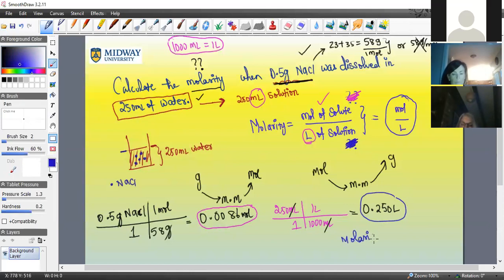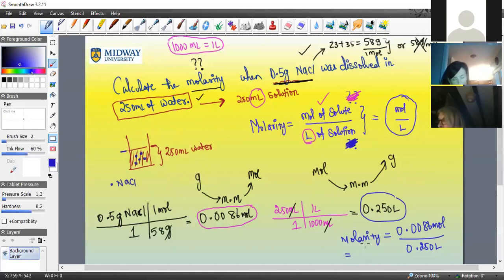So molarity equals 0.0086 moles over 0.250 liters. We did exactly the same thing in the last recorded session too, but I think because we're getting really close to the exam, it's worth just to walk over this.